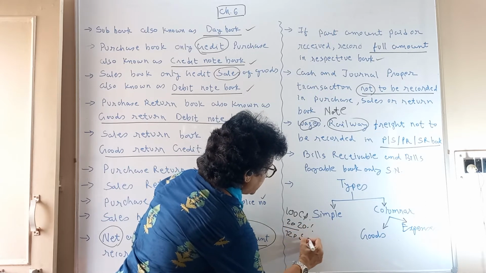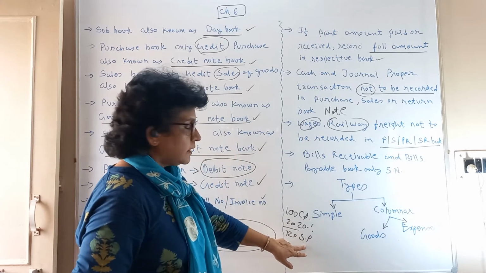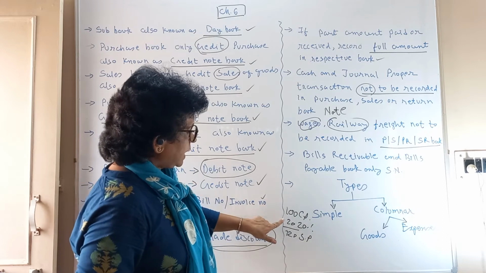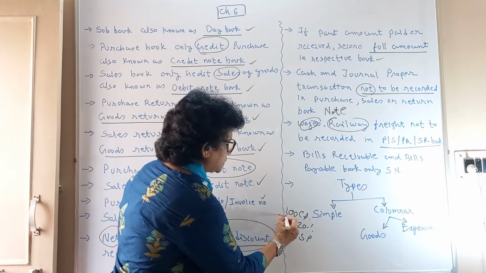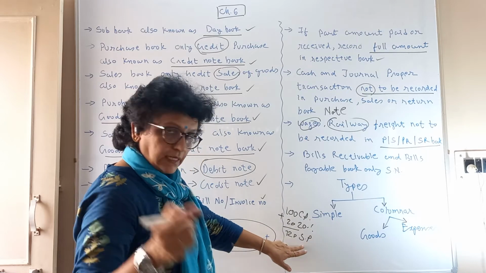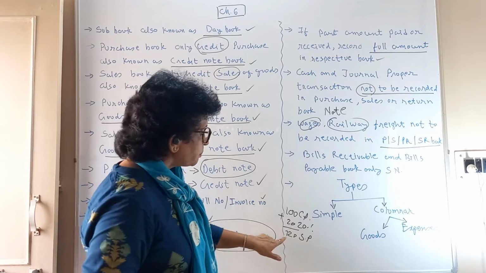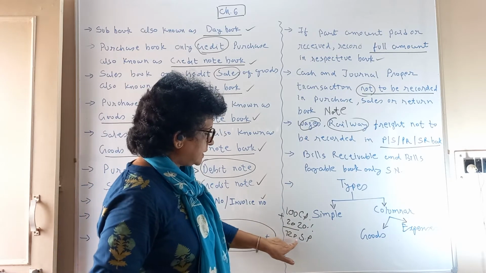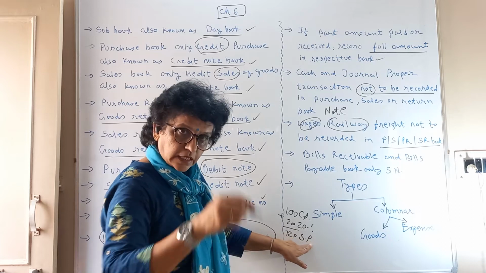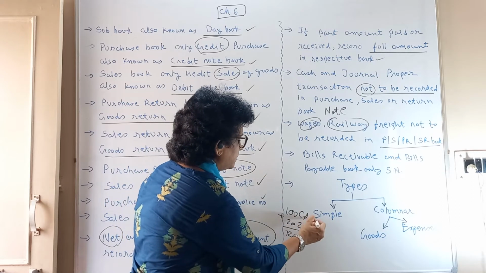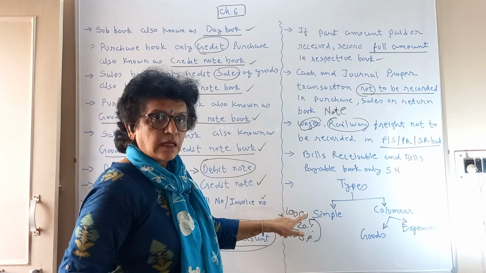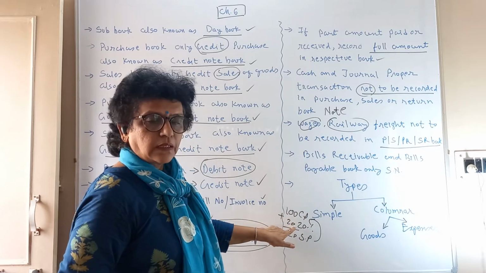So your SP becomes 120. So CP and the profit portion is there which you have added. When the sales return transaction comes, you have this figure, that sales return of 120. It means purchase return is to be recorded as 100 after subtracting this 20 profit.